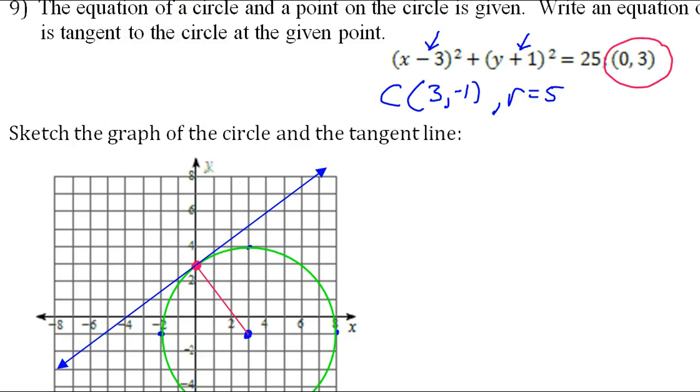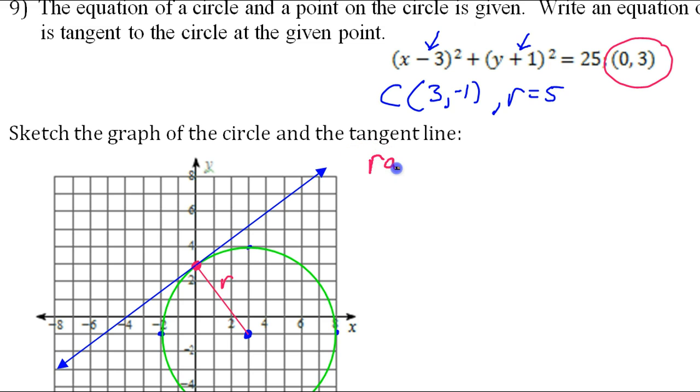Alright, so the slope of my radius, remember that's just rise over run. So if you see it, this is going up 1, 2, 3, 4, and over 3. So this is my radius, okay?